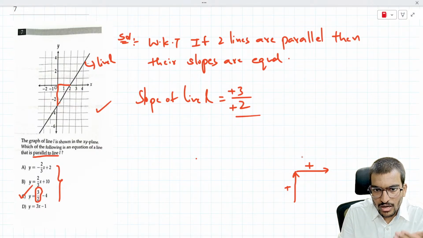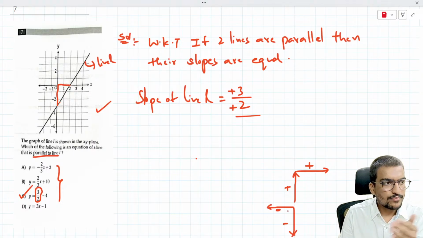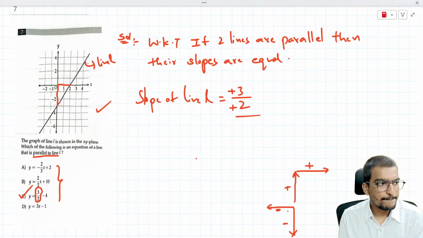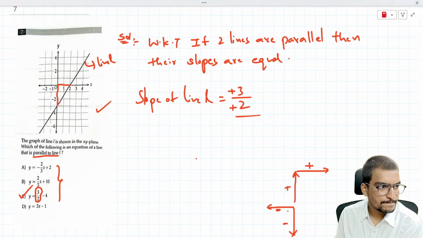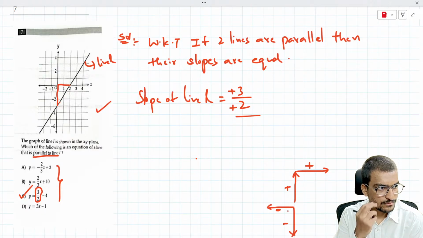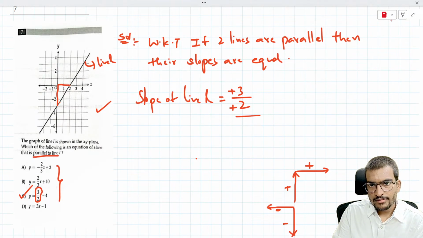Rise is moving upward. Upward is positive. If you're moving downward, you take negative. If you're moving leftward, you take negative. Is that clear now? Yes.